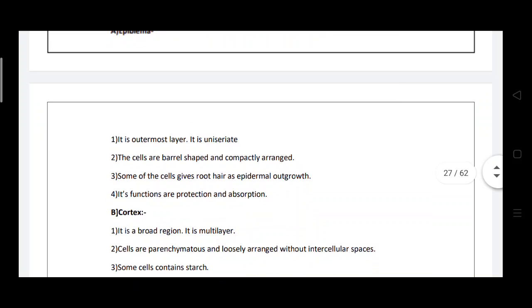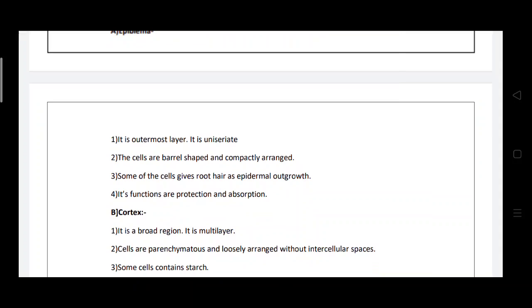First is the epiblema. The epiblema is the same as the epidermis, but in roots it is called the epiblema. It is the outermost layer and a single layer, that's why it is called uniseriate. The cells of this epiblema are barrel-shaped and compactly arranged.